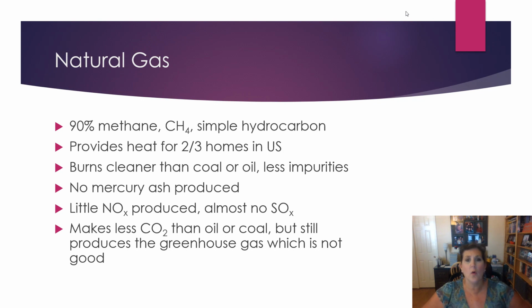It makes a little less than oil or coal, but it still produces a lot of CO2, which is the greenhouse gas, which we'll talk about in chapter 4. We don't want to make CO2. So this is not the answer. We don't need to all switch to natural gas. We need to not use it either. It's a fossil fuel, still makes pollutants, still makes greenhouse gases. We gotta switch to something else.